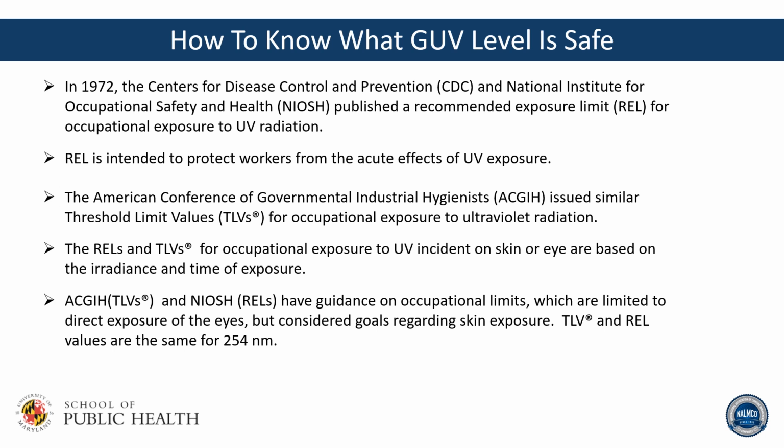So these values, TLVs and RELs, have guidance on occupational limits, which are limited to direct exposure of the eyes, but considered goals regarding skin exposure. So the TLV and REL values are actually the same for 254 nanometers.